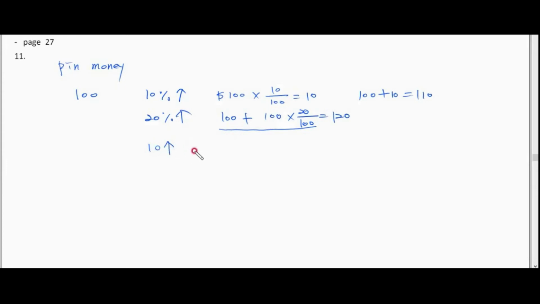Instead of writing it like this, we can write it a different way. If 10% is added, we can multiply by 1.1. If 20% is increased, we can multiply by 1.2. If 35% was increased, it'll be multiplied by 1.35. Now let's say it's a decrease, not an increase.